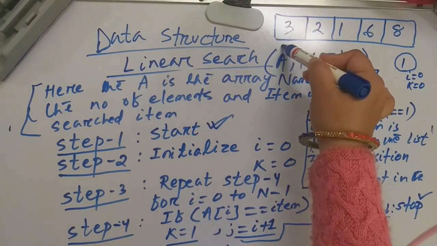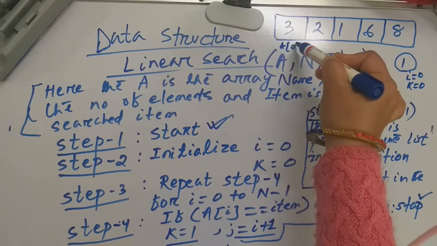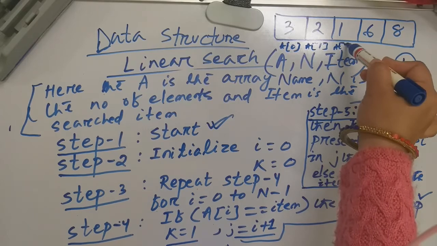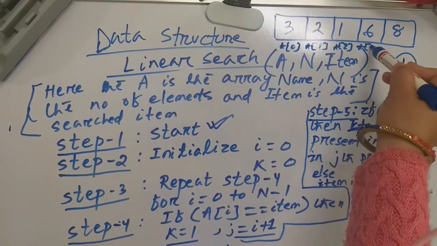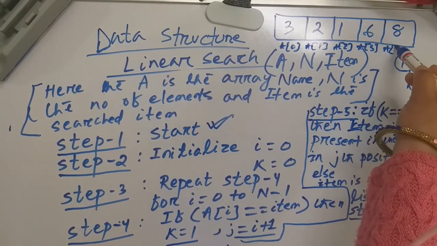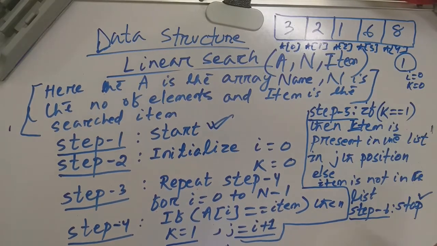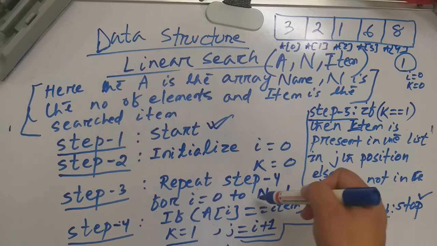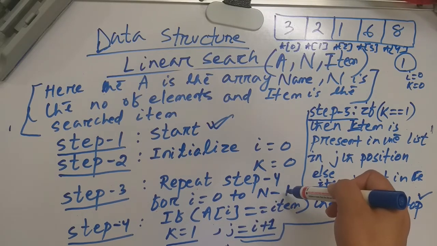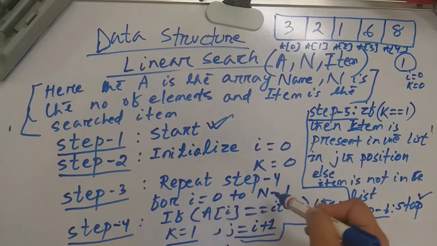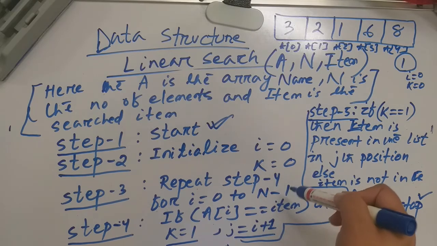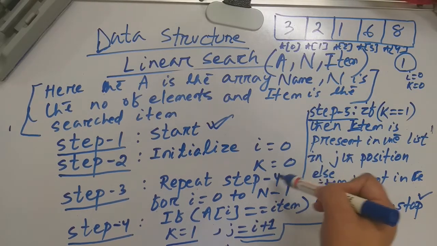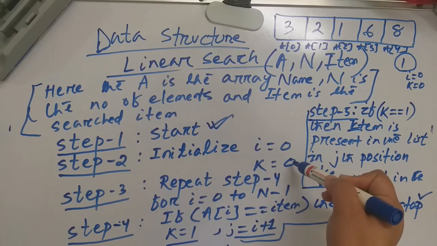Here A is the name of the array: A0, A1, A2, A3 and A4. So the number of elements is 5, so n equal to 5, and n minus 1 means 4. So I is starting from 0 and going up to 4. We initialize the I value to 0, and k, another variable, we take as 0.